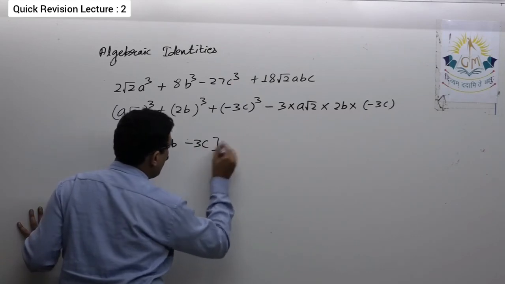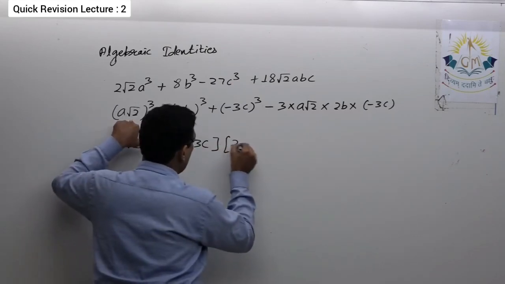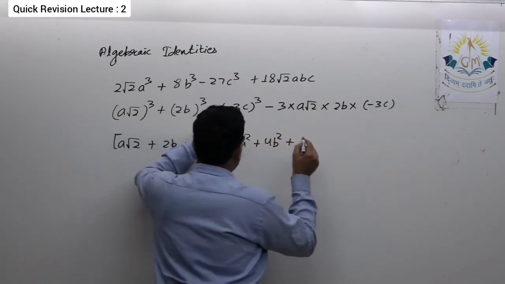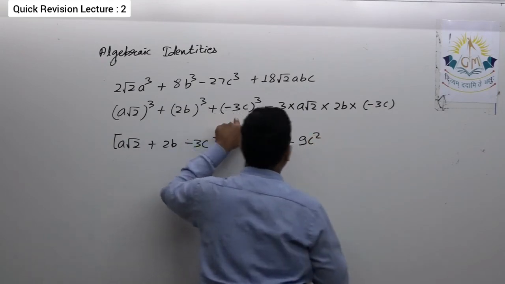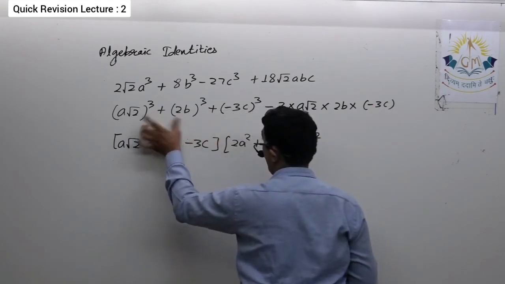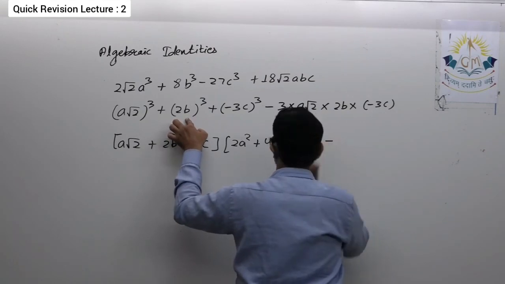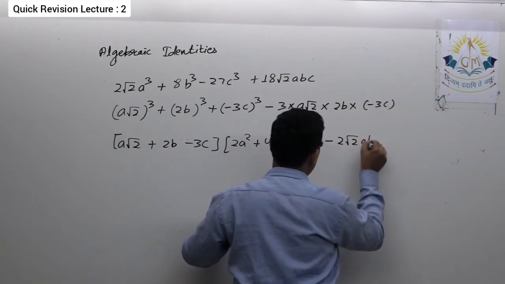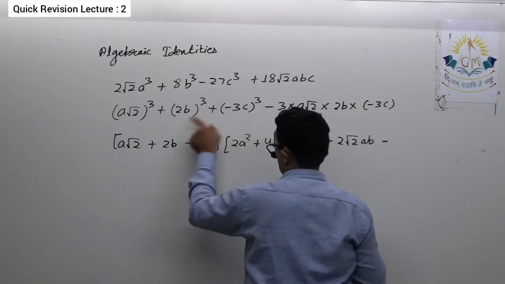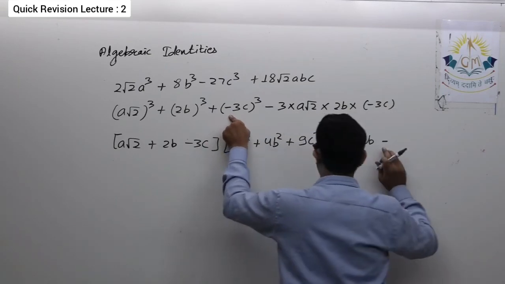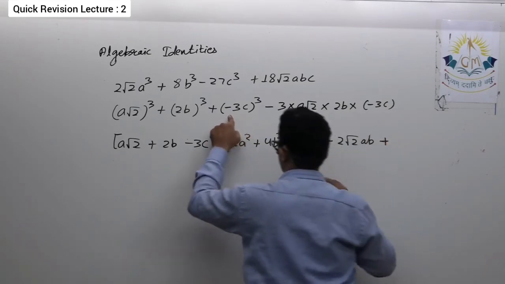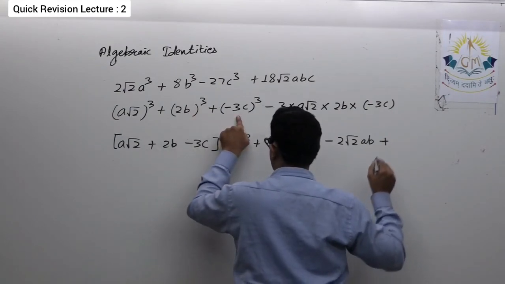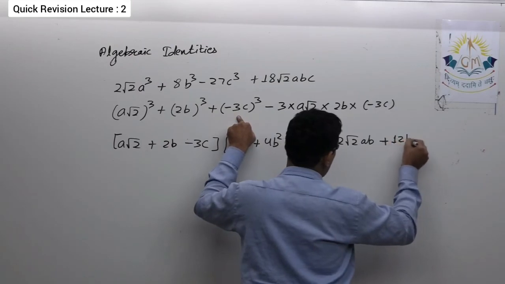Then a square plus b square plus c square, that is 2a square plus 4b square plus 9c square, then minus ab, that means minus of this multiplied by this, so minus 2 root 2 ab, minus bc, that means this multiplied by this. Now here it is negative, here it is negative, so this will become positive. 2 into 2b into 3c, so 4 into 3 is 12, plus 12bc.